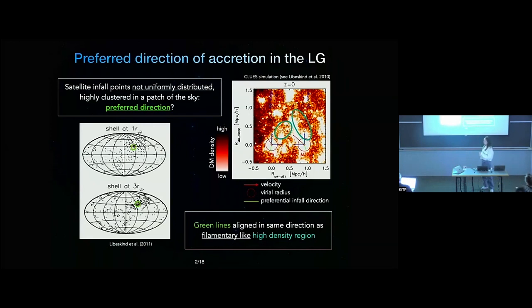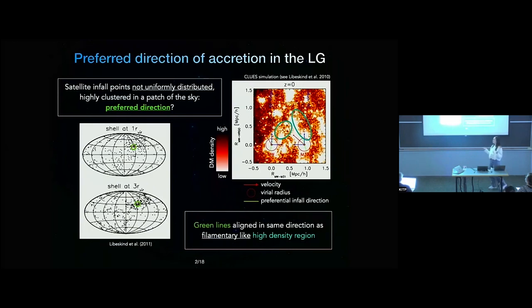So first, for the preferred directions, you can see here two projected maps of the entry points across the virial sphere. This is a lambda simulation. Each point corresponds to entry points across the virial sphere at different values of the virial radius, 1 times RV and 3 times RV.